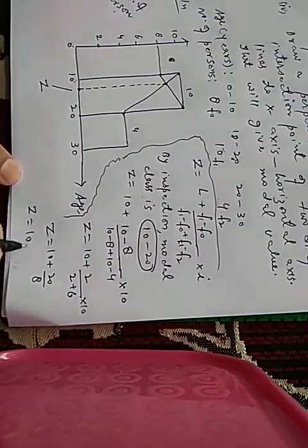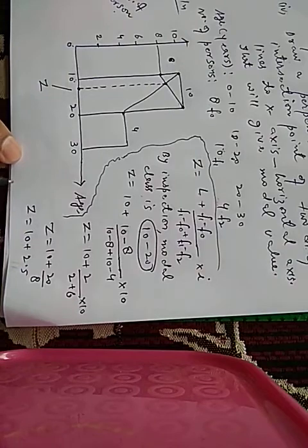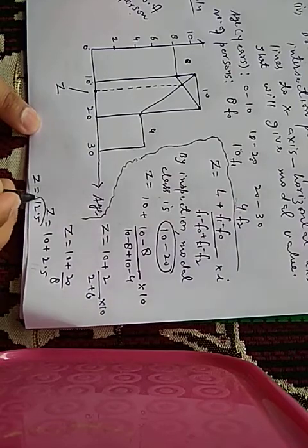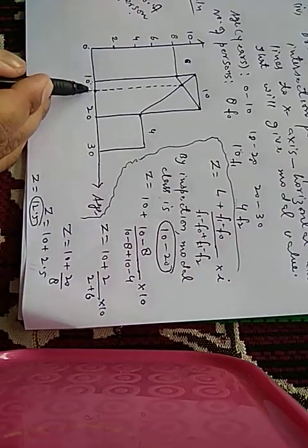Value of mode will be equal to 10 plus 2.5. Modal value, or value of mode, will be equal to 12.5. Therefore, this point shows the value of mode equal to 12.5. This is how we will get the value of mode, or modal value, of given data with the help of a graph.